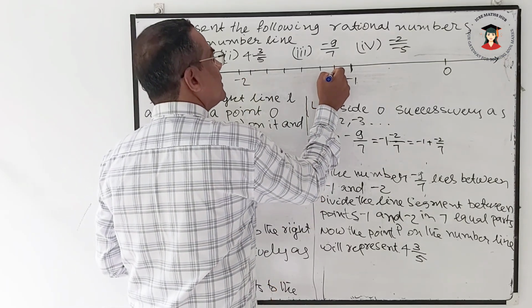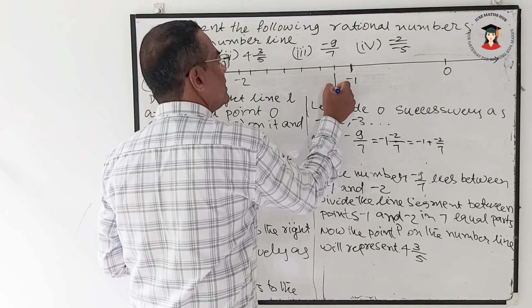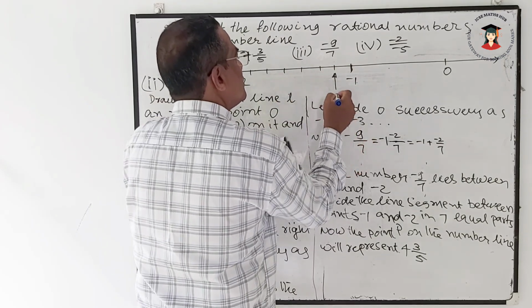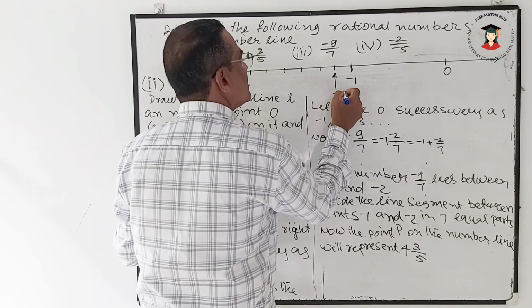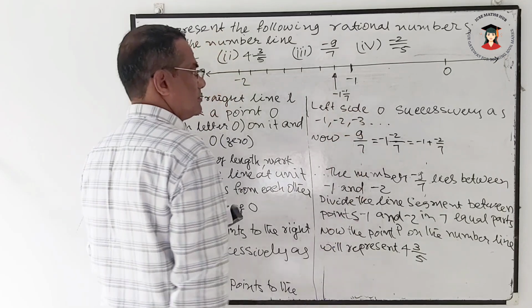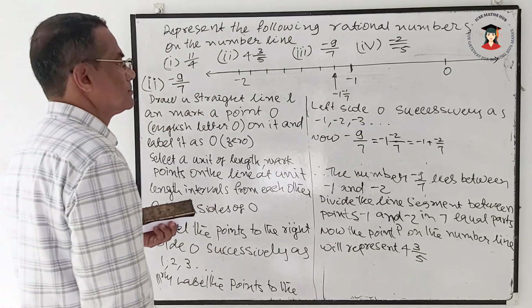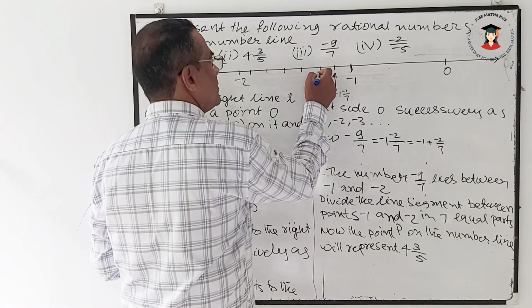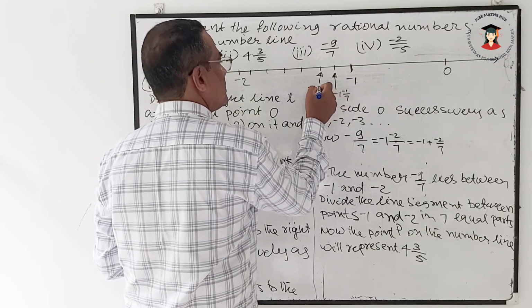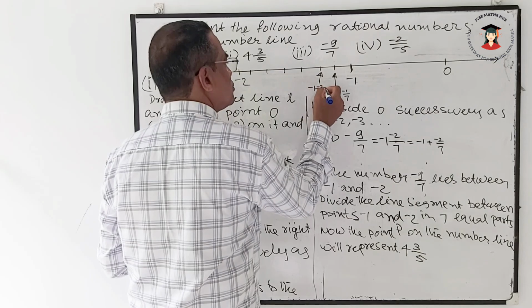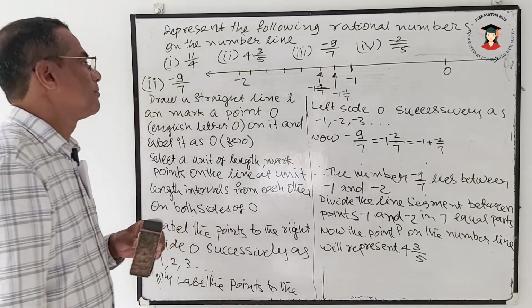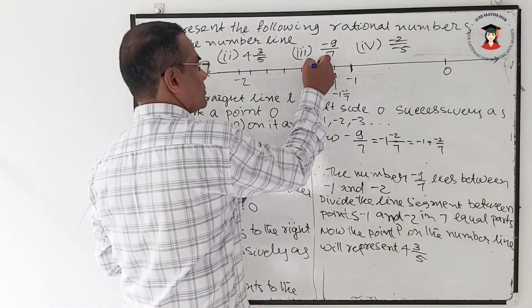This point will be equal to minus 1 and minus 1 by 7. This point will be minus 1 and minus 2 by 7. That is the point we require.